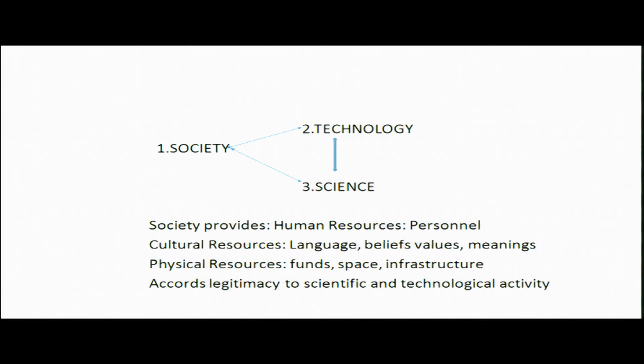And society also accords legitimacy to scientific activity and technological activity, because society thinks that the scientific and technological activities are worth pursuing because they may have indirect benefits to the society.